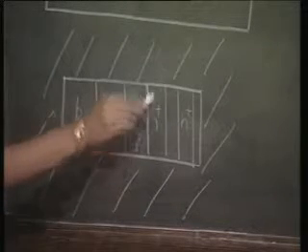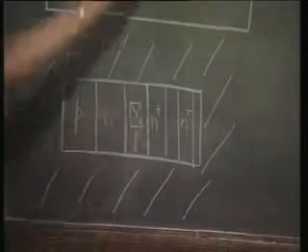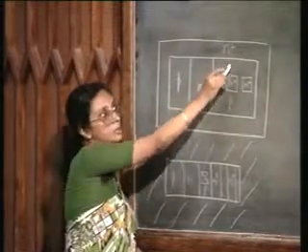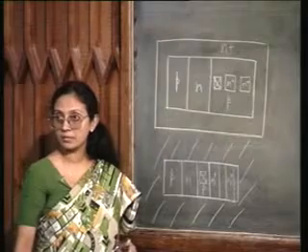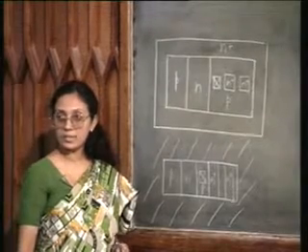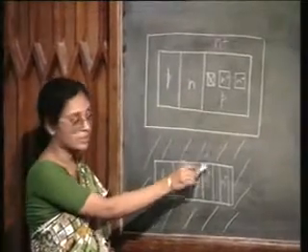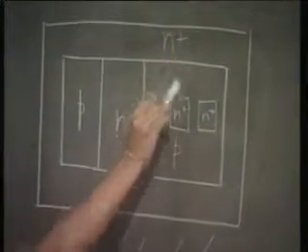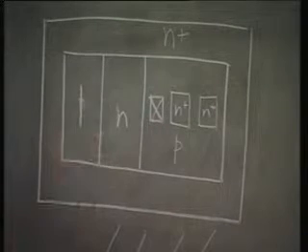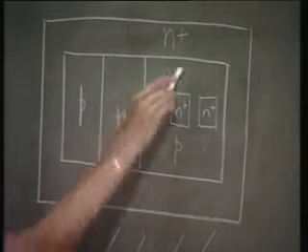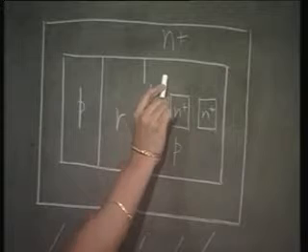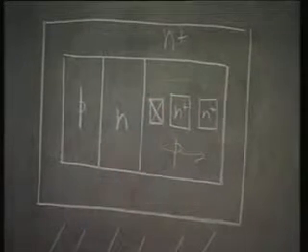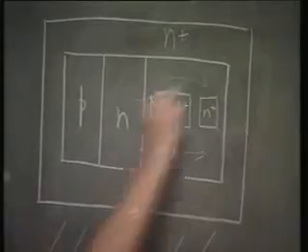Now, my N region can extend all the way up to the oxide, whereas in this case they must be separated from the N plus collar by the intervening P region. Do you understand the basic difference? Here I can stack the N plus layer directly against the oxide, but in this case I must have a separation from the N plus collar by this P region. So, this is actually called the rails. On both sides the region that we have is called the rails.